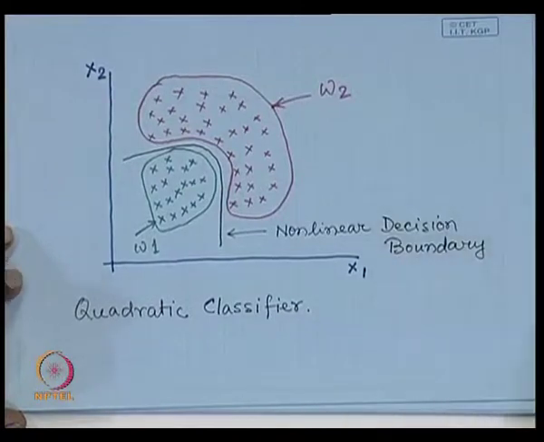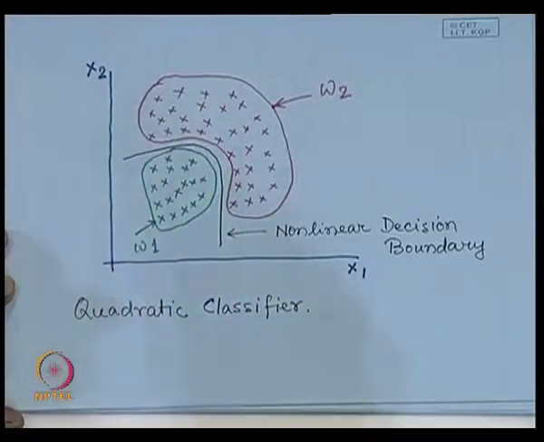Or at the most we can go for a cubic classifier. Classifiers of higher order than quadratic or cubic are not very common, because designing such classifiers is not all that simple. Okay. Now, if I have a decision boundary as simple as this, possibly I can separate the classes by a quadratic classifier or even a cubic classifier.